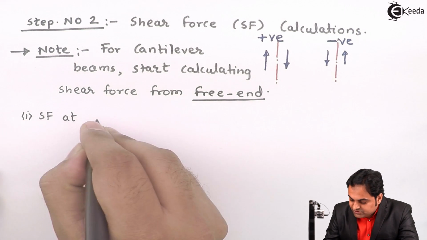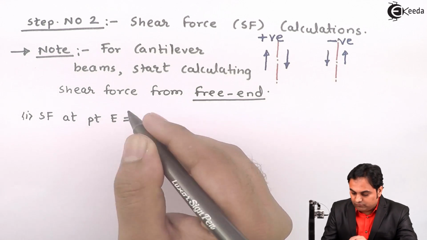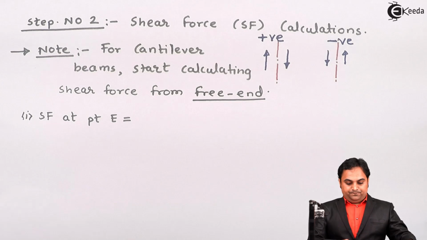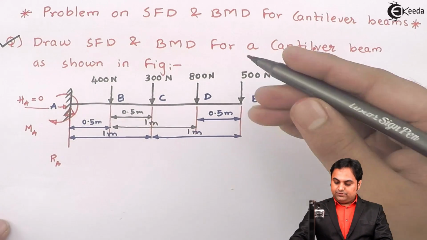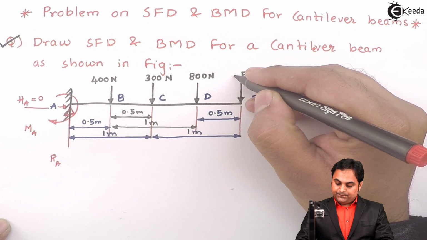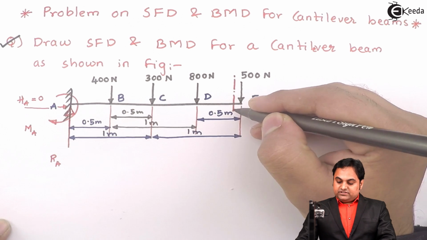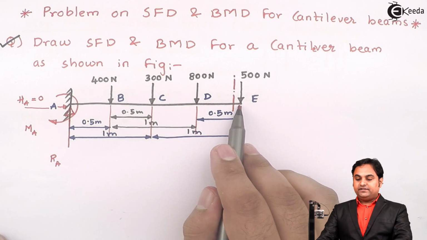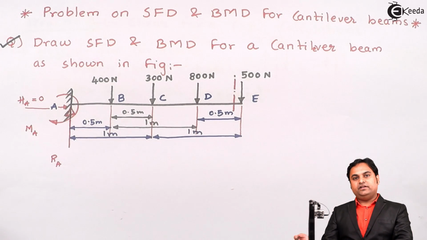So SF, that is shear force at point E, is equal to, onto the beam diagram. Now I will take the section to the left of E. This is my section. If I am taking the section to the right of E, then on the right hand side of E there are no forces.